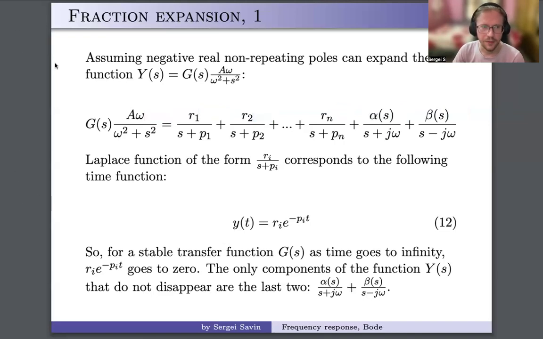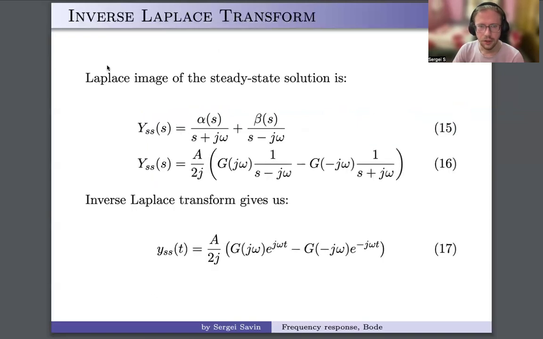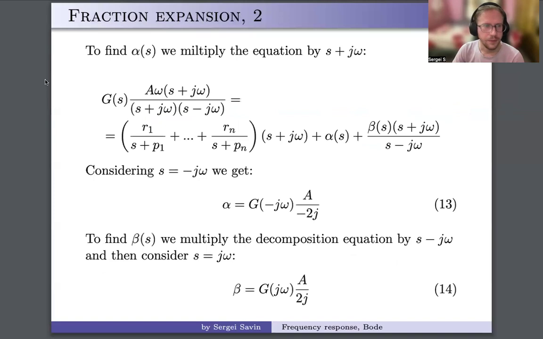All right. Okay. So we multiply everything by S plus j omega. That's what we get, right? Alpha is now naked. It doesn't have a denominator because we multiplied by its denominator, right? I guess correctly, it would be said that we divided through by its denominator.